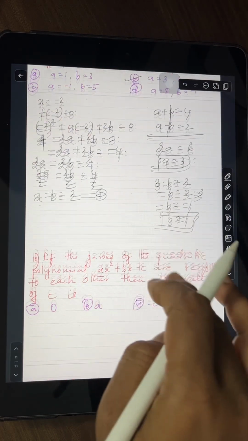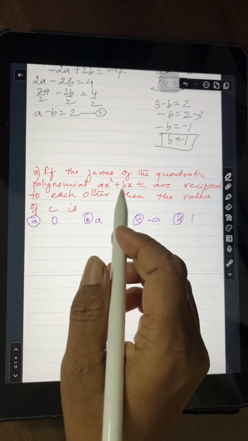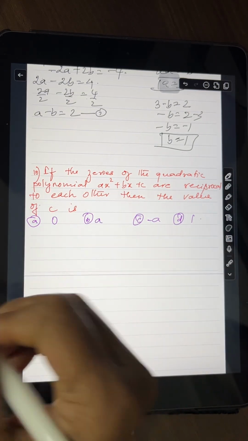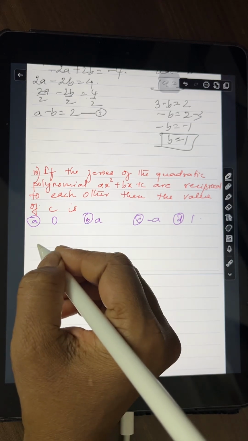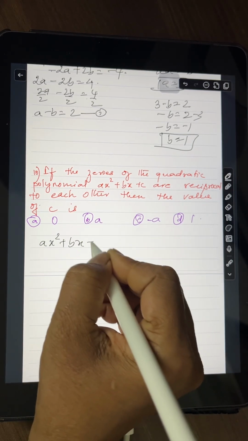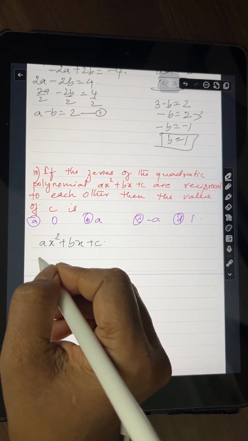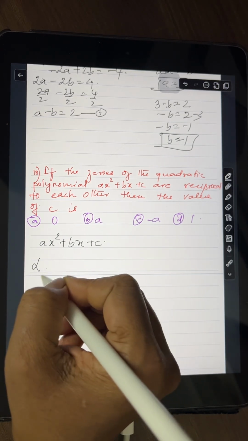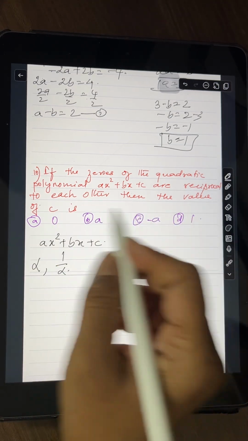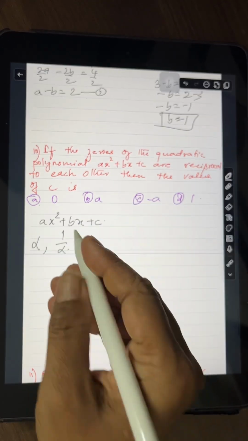Okay. Now if the zeros of the quadratic polynomial are reciprocal to each other, what he is saying is, this is the polynomial he has given and he is saying the zeros are reciprocal. So one will be alpha, the other one will be 1 by alpha. Then find the value of c, he is saying.